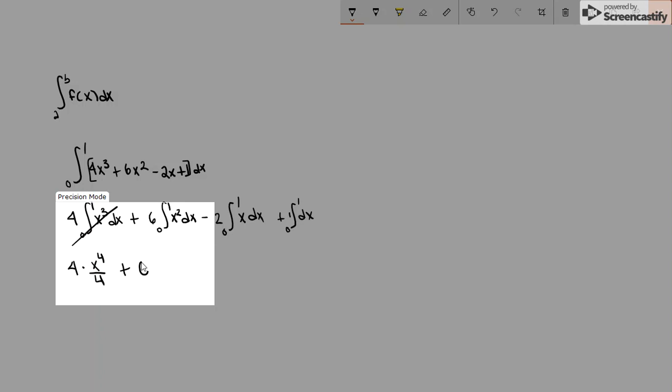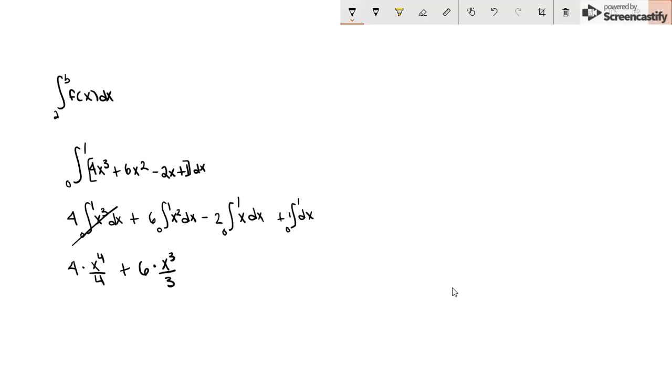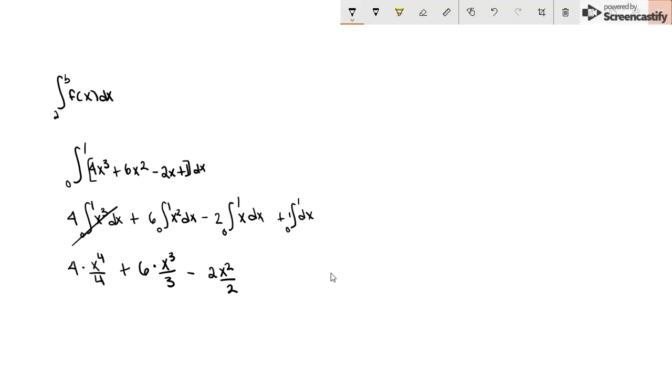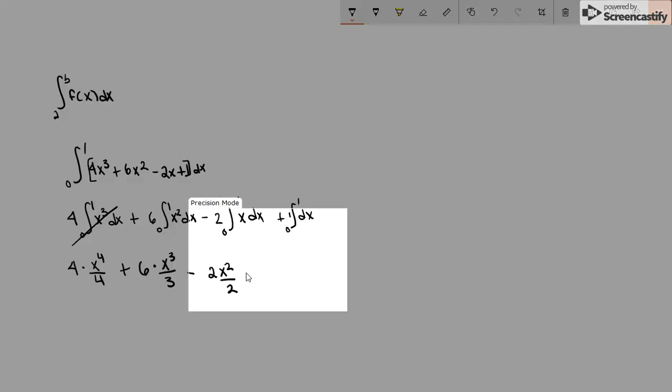Plus 6 times x to the 3rd power over 3, minus 2x squared over 2. And then always the integral of dx is always x, right? Plus x.